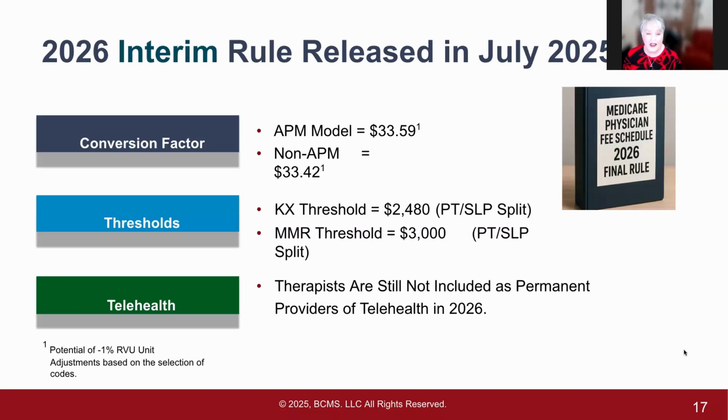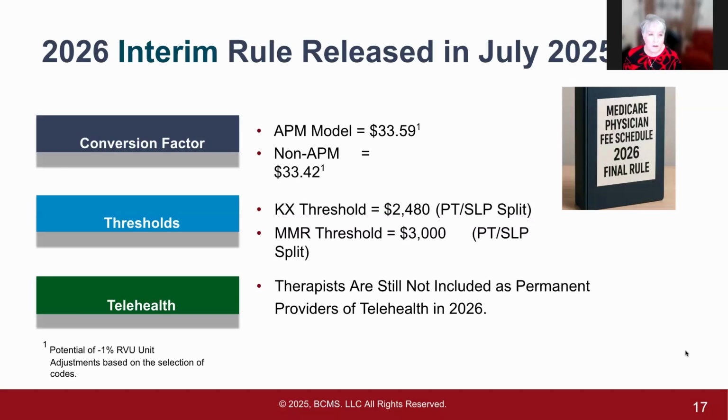It's pretty sad. The KX threshold, just as a reminder, in 2026 will be $2,480. We still are splitting that with speech and language. And if ever y'all wanted to make a change that would be nice, it would be good to write your legislators and say, please put the comma in.